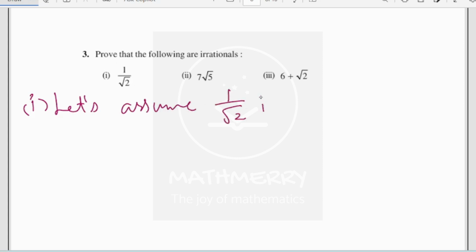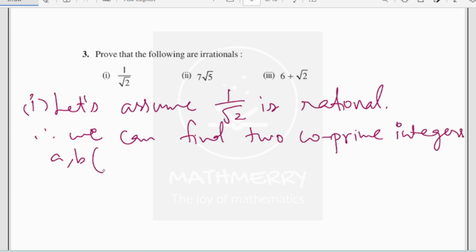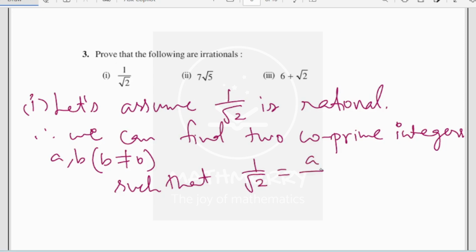1 by root 2 is rational. So if it is rational, therefore we can find 2 co-prime integers, a comma b, where b is not equal to 0, such that we have 1 by root 2 is equal to a by b.